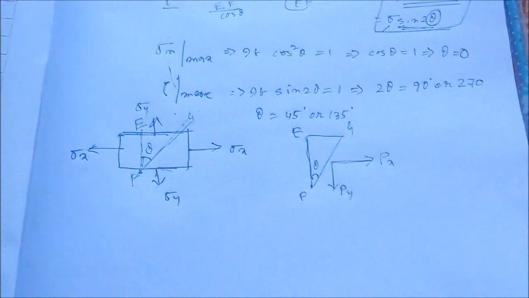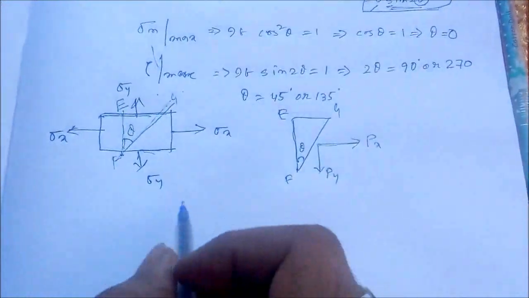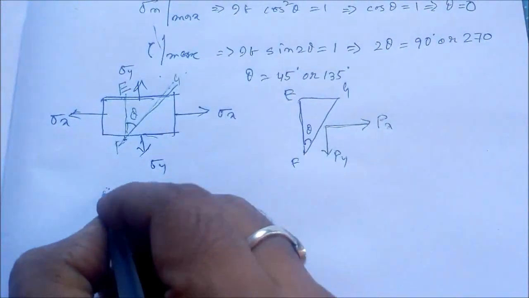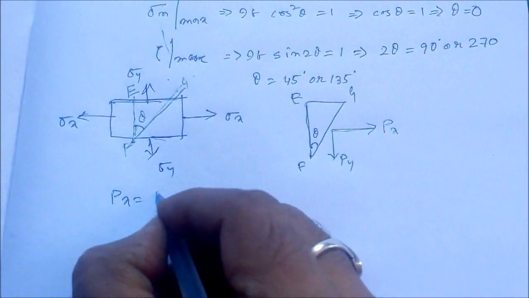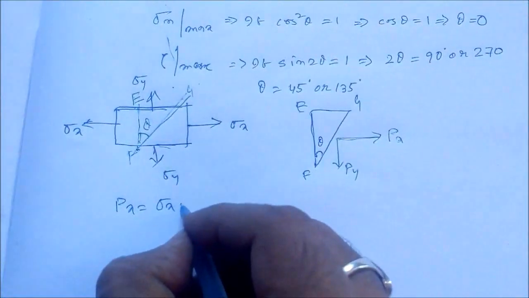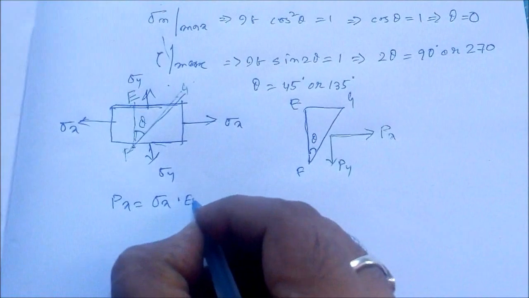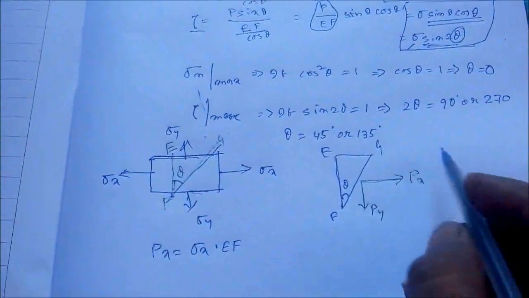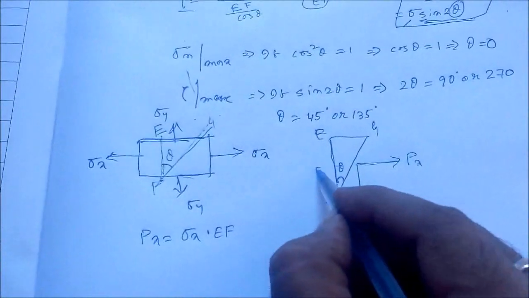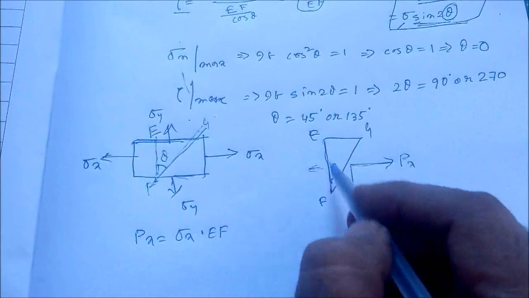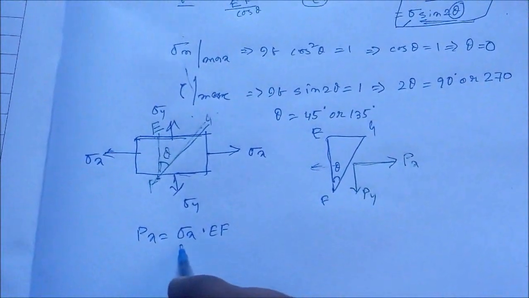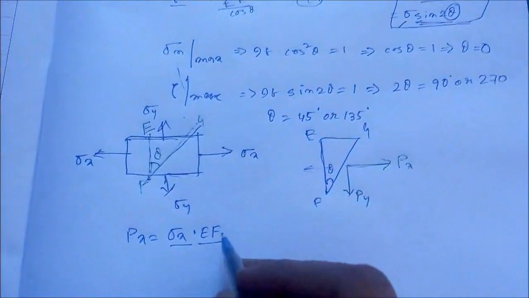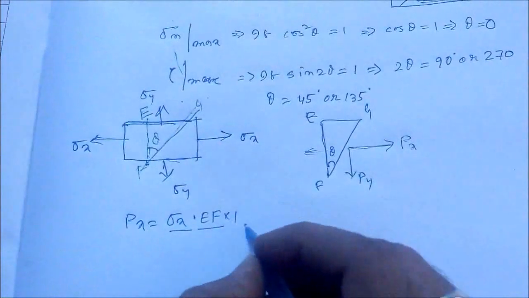Now what will be the value of Px and Py? Px will be equal to sigma x into EF, because this sigma is acting in this section, so obviously this will be equal to stress multiplied by the area if we take the thickness unit.